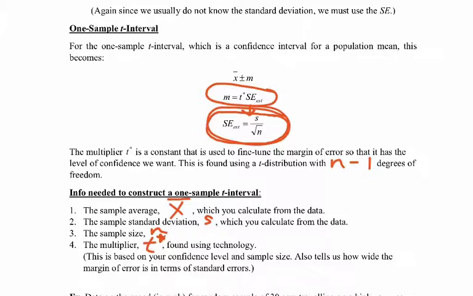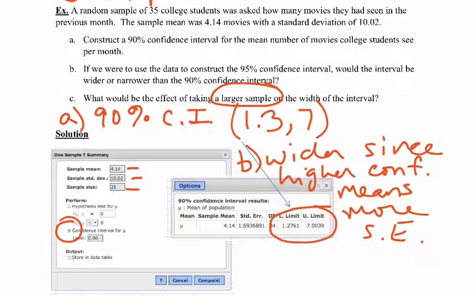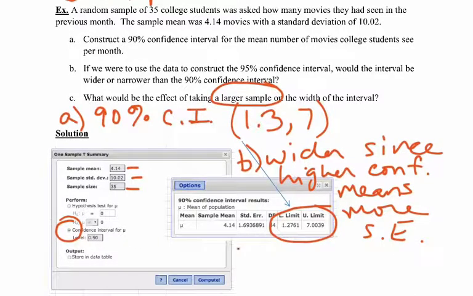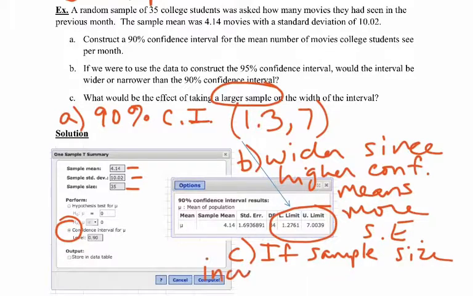So if T star stays the same, but your sample size goes up, that indicates that your standard error is going to go down, and that's important, because of what's happening numerically in this formula. So let's write some things down. If sample size increases, your standard error, just like it always has, decreases.